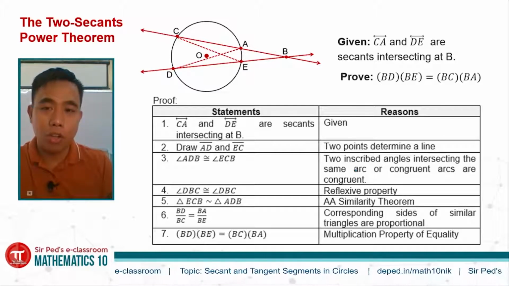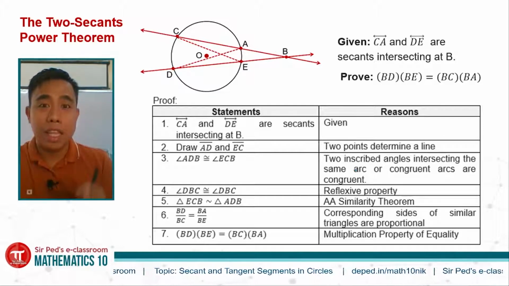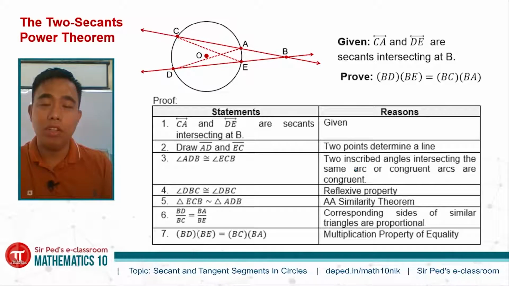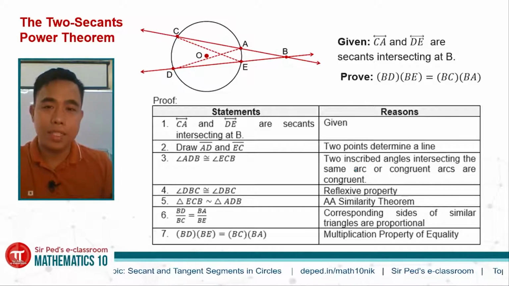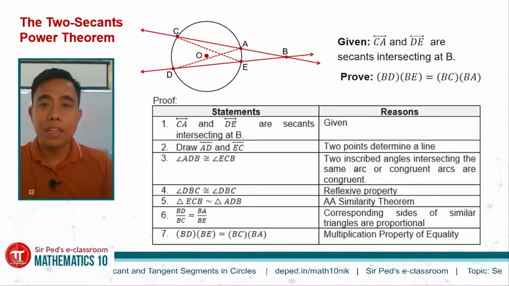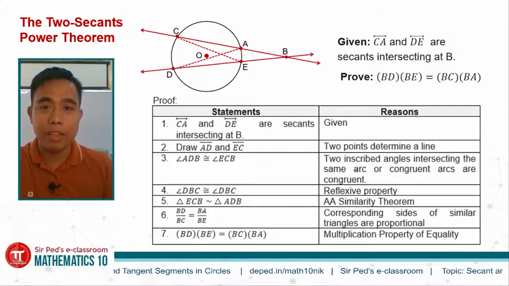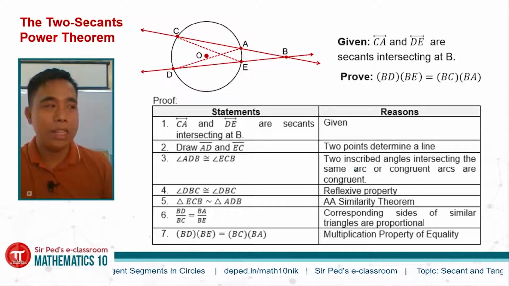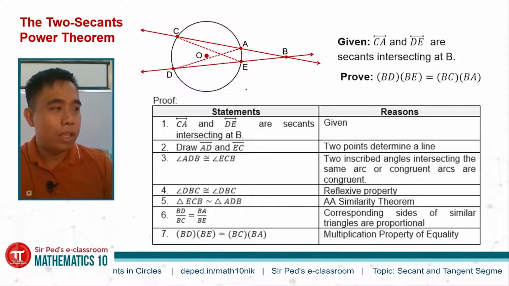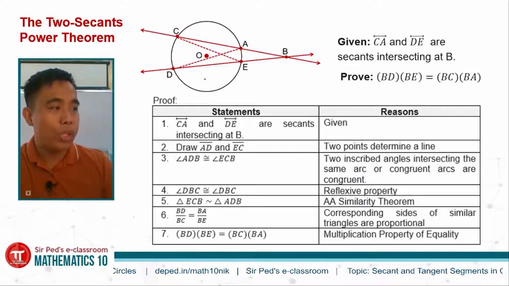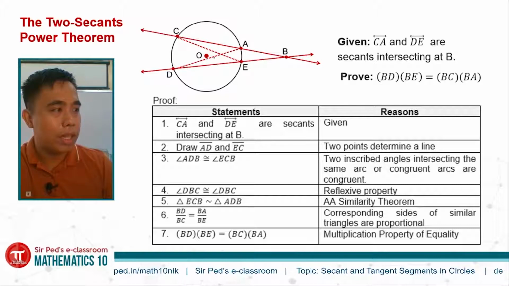The first column contains the statements and the second column contains the reasons. Number 1, we write the given, and our reason is given. Number 2, we draw segment AD, the dotted line, and segment EC.